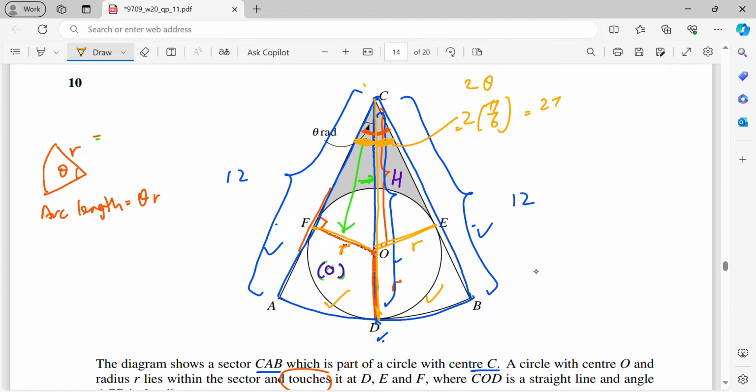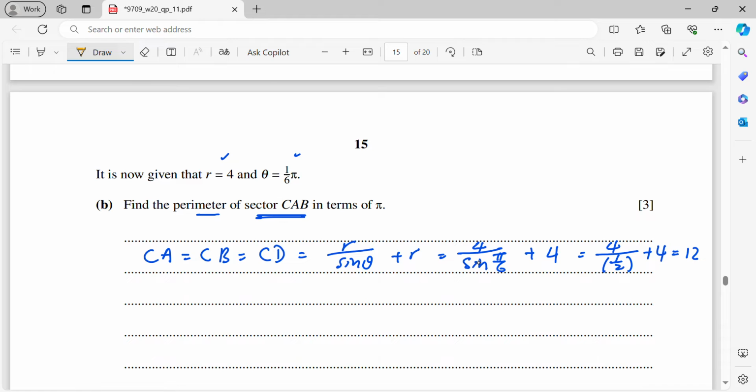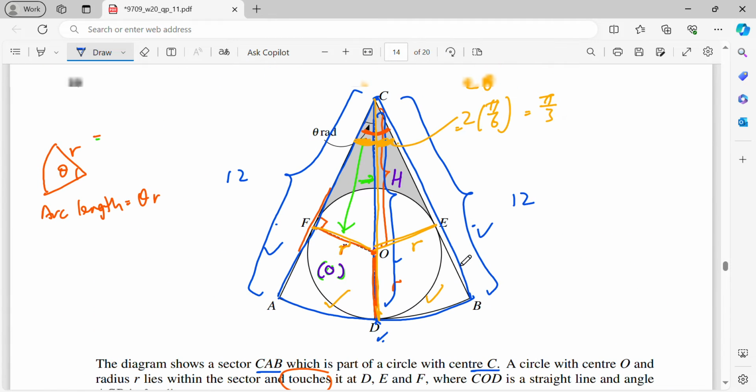Then I'll get pi over 3. So I will write down in my working there: angle ACB equals 2 times angle ACD.